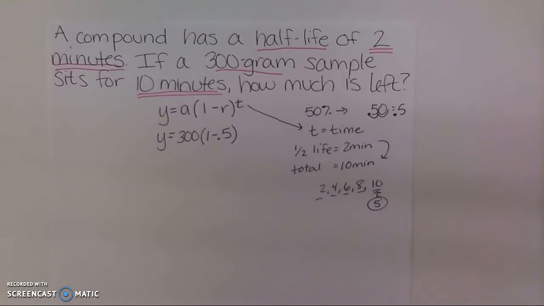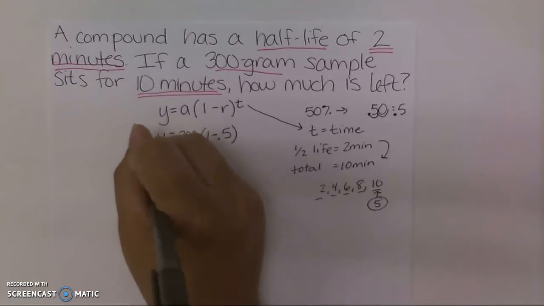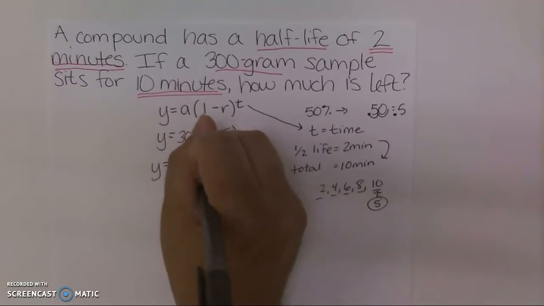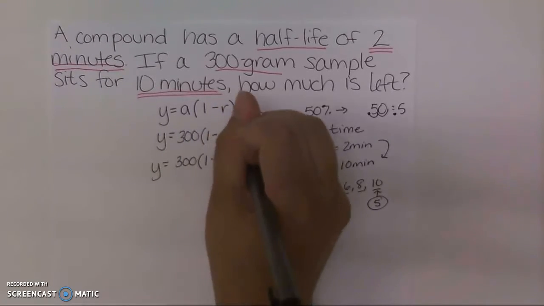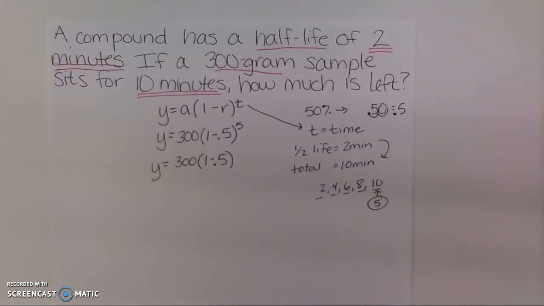So that is what I'm going to use for time. So instead of using 10, I'm going to use 5 because there are 5 half-lives that happen in that period of time.